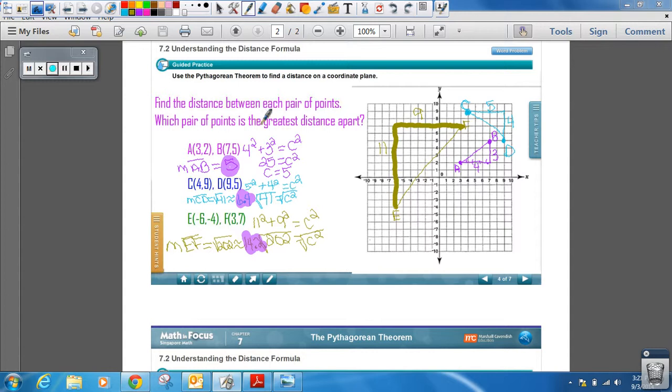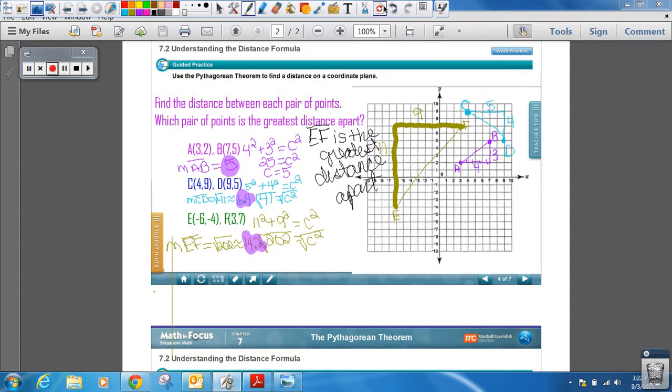Then it says which pair of points is the greatest distance apart. My longest one is e to f, so I would put, and you can write it up here or wherever you have room, the greatest distance apart, E, F is the greatest distance apart.